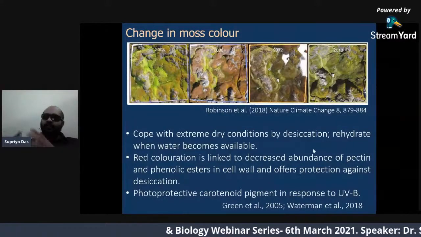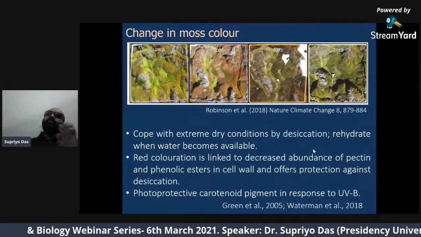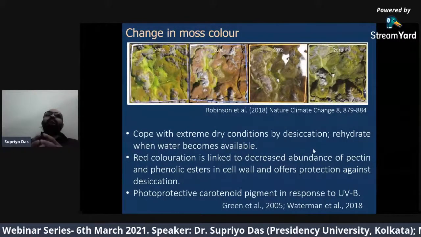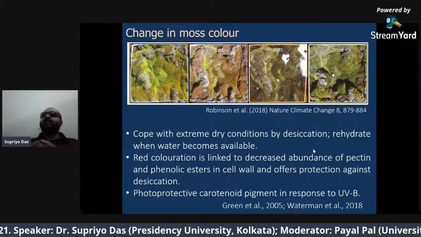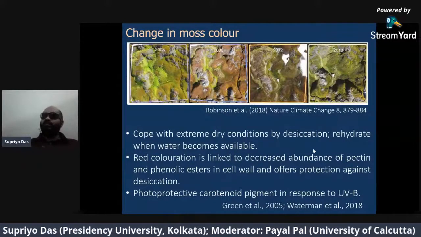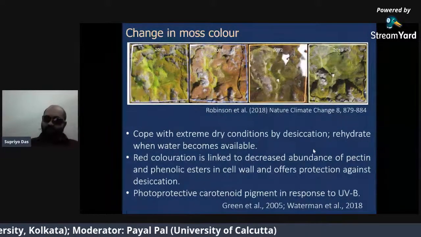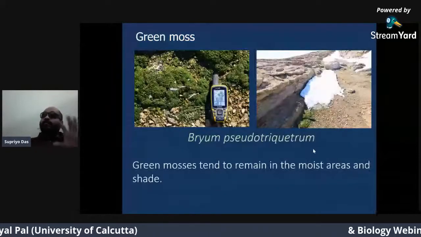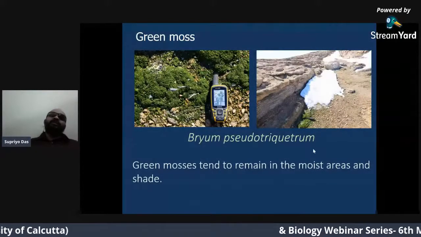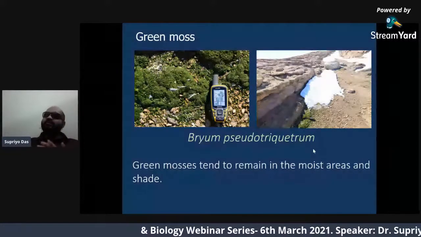That's how people understood. Now there's another component, which is UVB radiation. The moss mostly stay in open areas, so they receive a lot of sunlight and UV radiation, and they also protect themselves from the UV radiation by changing color. Now, what I observed in Larsemann Hills is that the green moss mostly resides in the shades.